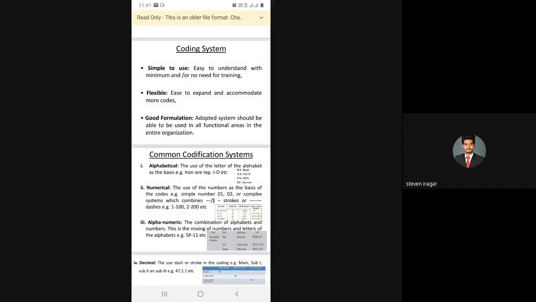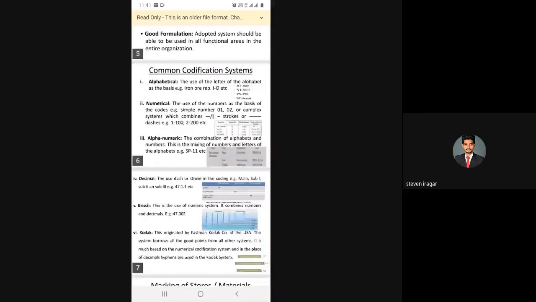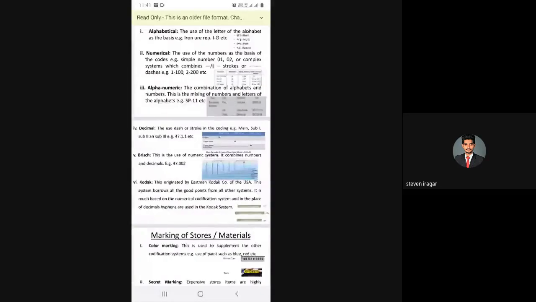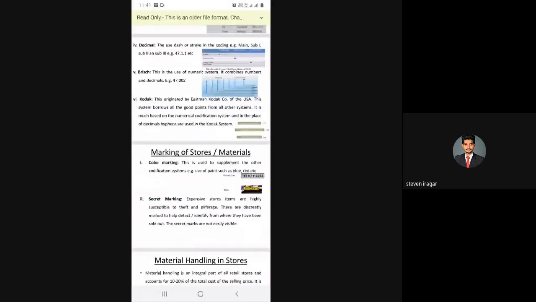Along with that, some common codification systems used in retail stores were also discussed, like alphabetical coding, numerical coding, or the combination of both, alphanumeric coding. Decimal coding, like Brisch or maybe Kodak type of coding system, has also been discussed.